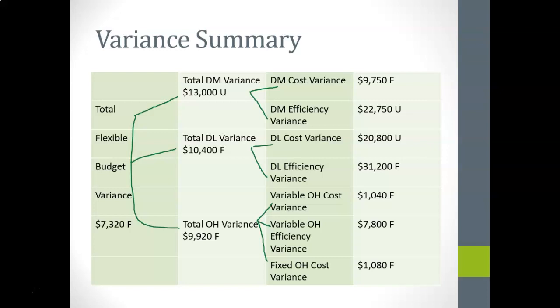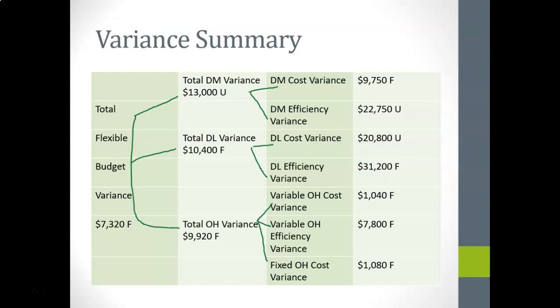Now, if I take a look in the middle column, we had $13,000 unfavorable of direct material variance, $10,400 favorable of direct labor variance, and $99.20 favorable of overhead variance. We would add the two favorables, subtract the unfavorable, and we get a grand total of $7,320 favorable flexible budget variance.